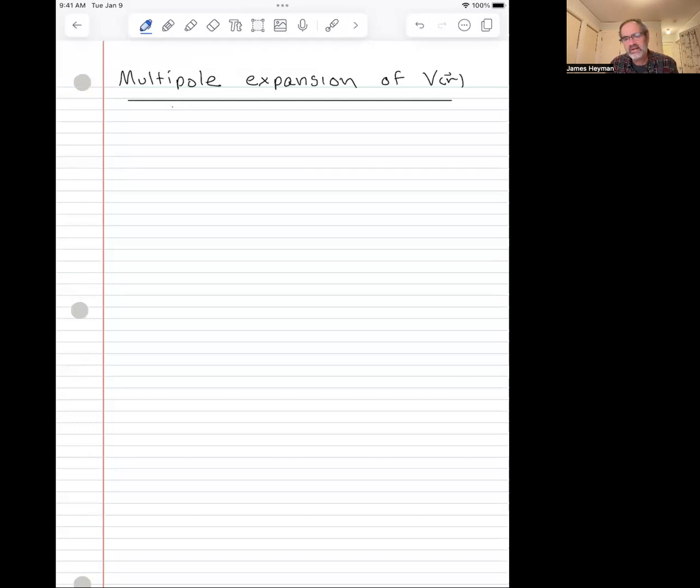Maybe we want to find the electric field a few nanometers away from a molecule or something like that. In any event, last time we were able to write down the multipole expansion for a point charge, and for multiple point charges.